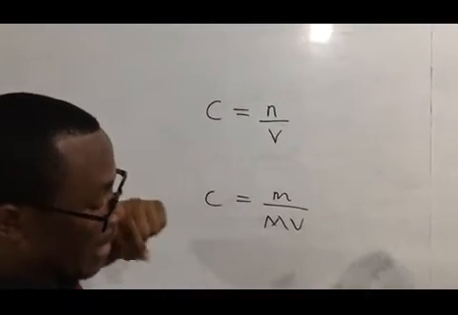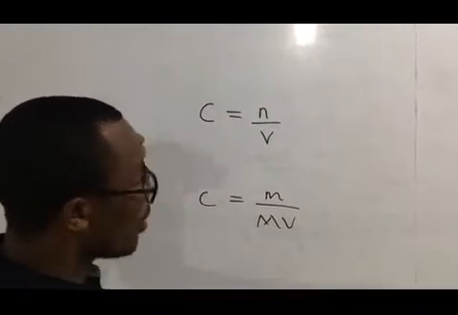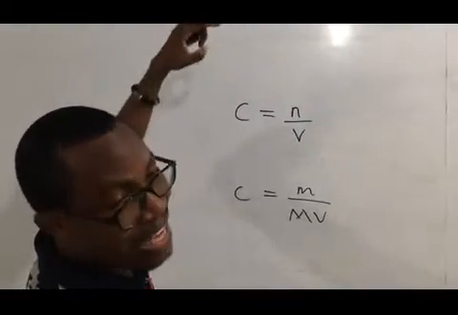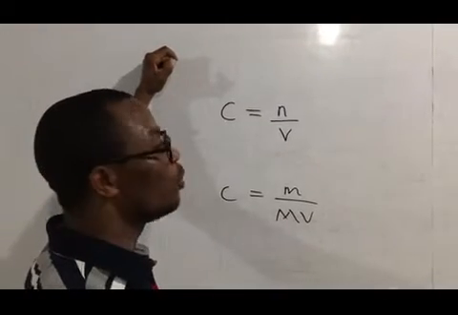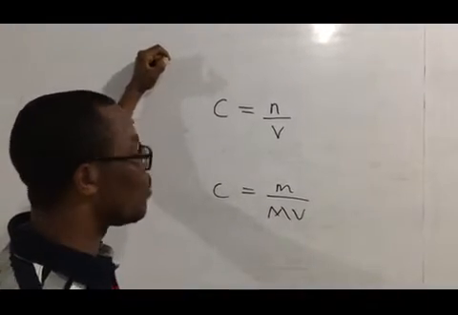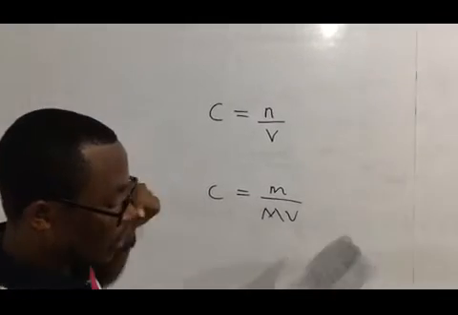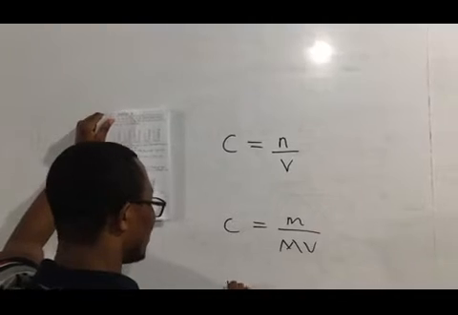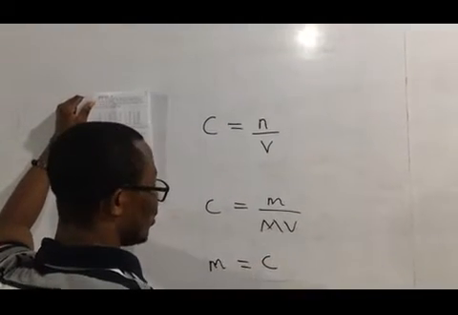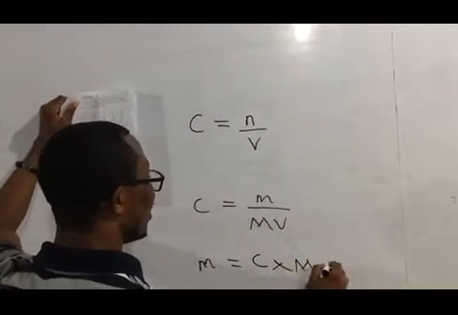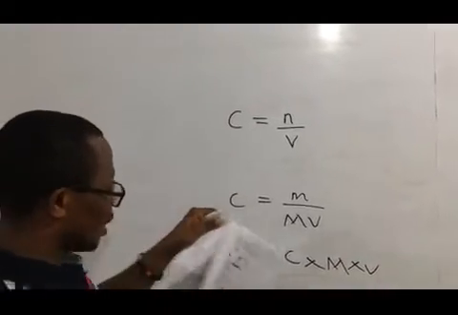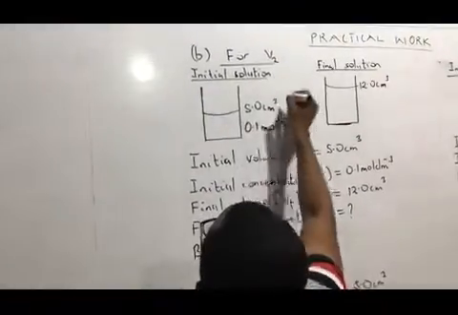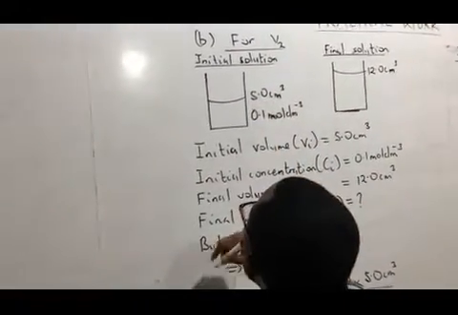But here, because you are looking at the amount of solid NaOH that was diluted, you remember that when we are talking of preparation of standard solution, you have to weigh the substance. It is the mass that you put into the beaker and add water, and then you prepare the solution. So if you are talking of the amount of solid in the initial portion, it has to do with the mass. If you are calculating for mass, as I said yesterday, your mass will be C times the molar mass times volume. You are told the initial amount, so you are using the information here. So from this initial solution, the volume is 5.0 cm cube.